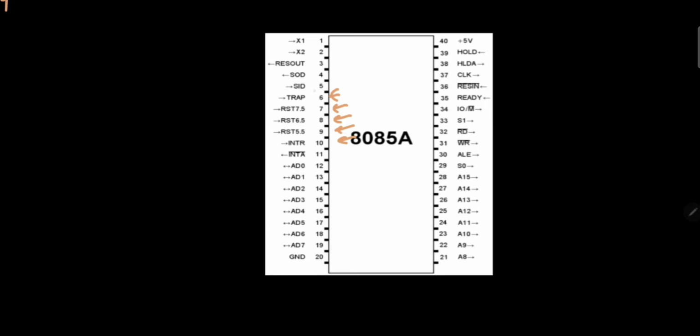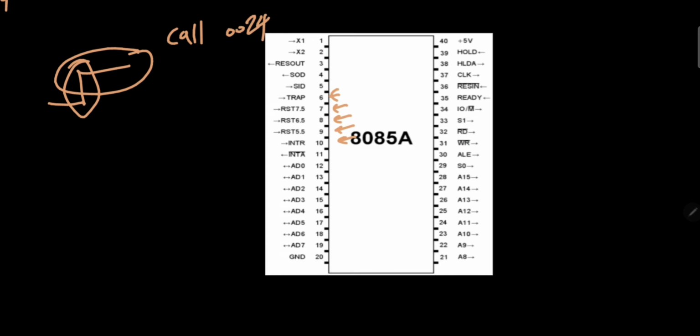So the CPU would check this interrupt. If the signal coming here goes high or stays high, then the CPU would execute something which is equivalent to call 0024. You see, there isn't any opcode. The IR register wouldn't have anything.